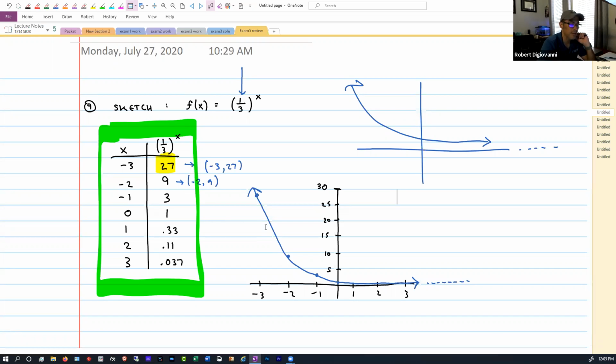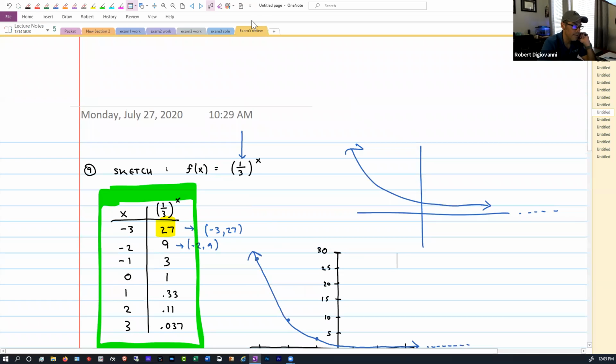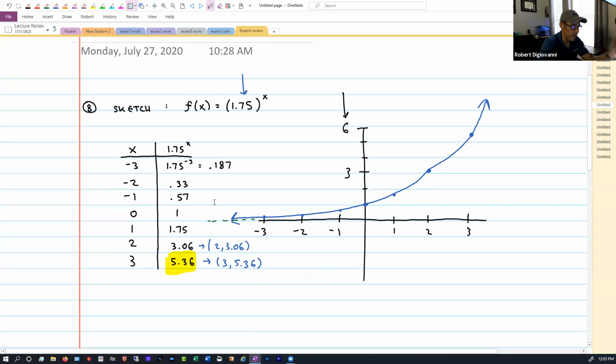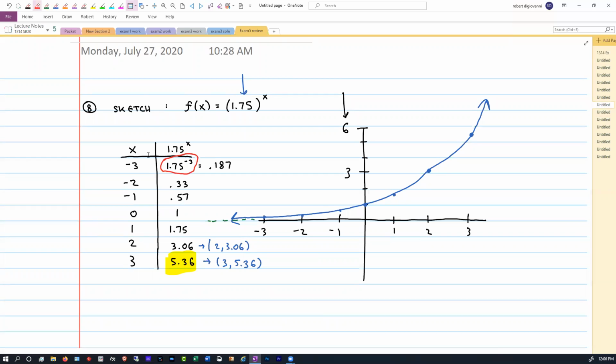You just give me the answer, that's fine. I was just doing that to make sure that everyone understood what I was doing on my calculator, 1.75 raised to the -3. Okay, cool.